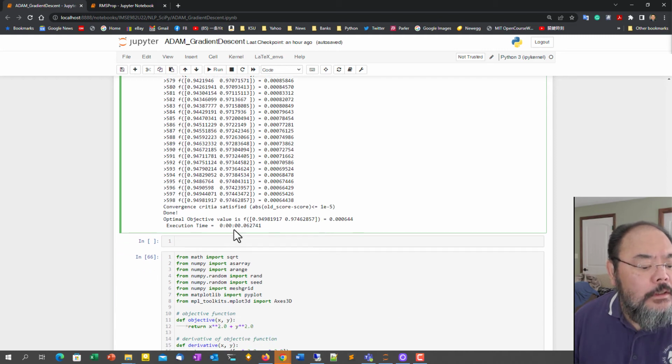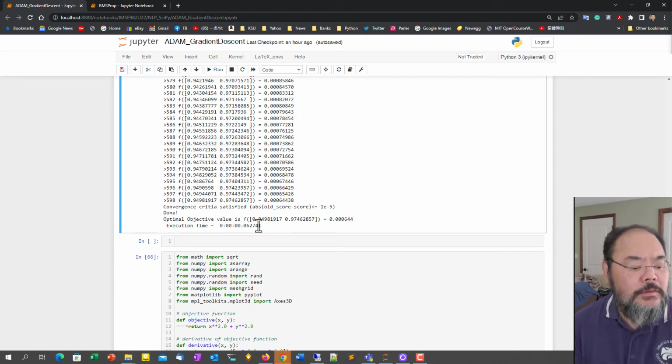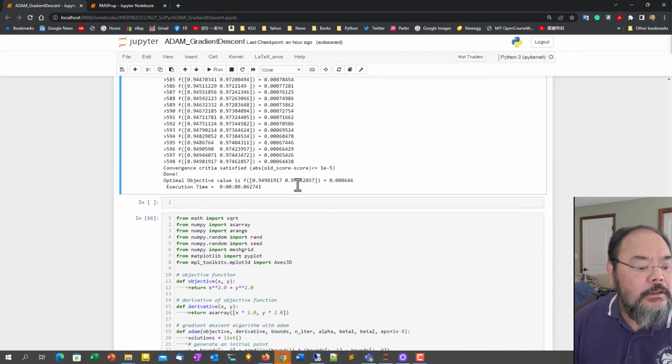Okay, and then the optimal solution I have is 0.94, 0.97, and this is the objective function value, and it takes about 6.3 milliseconds to solve this problem. So even though we run about 600 iterations, the execution time is only 6 milliseconds, so it's not that significant.